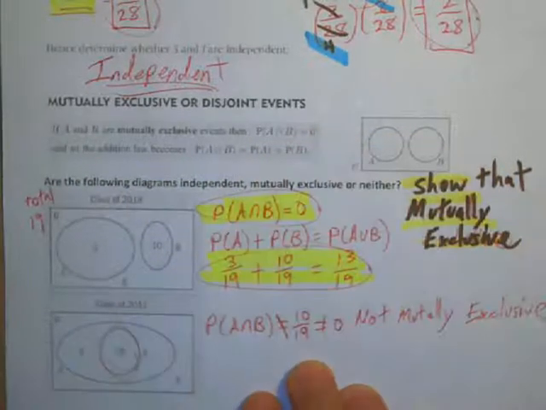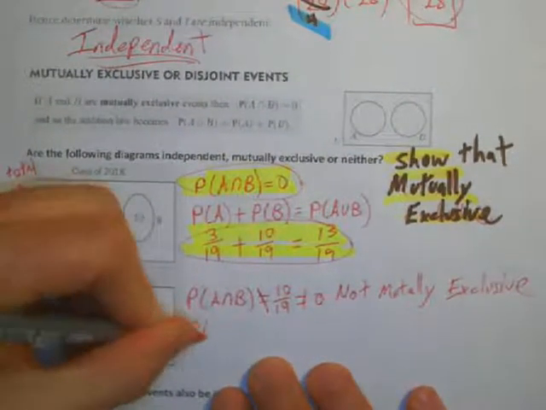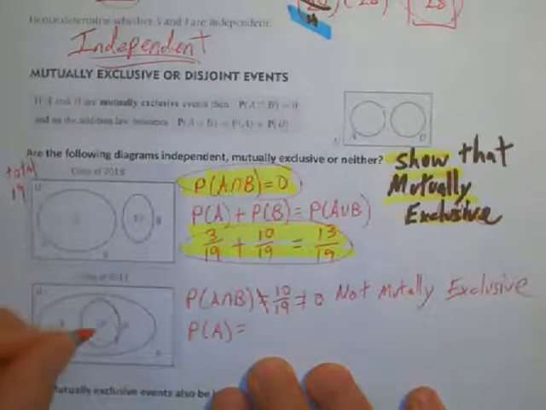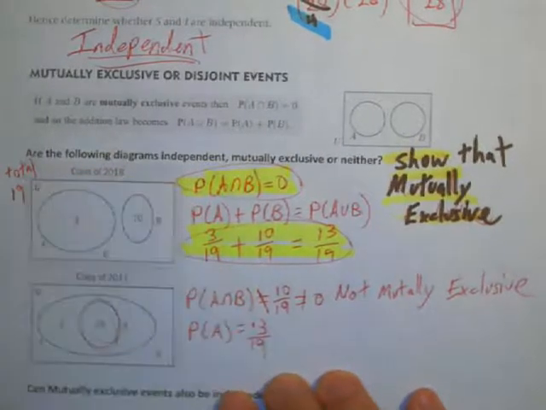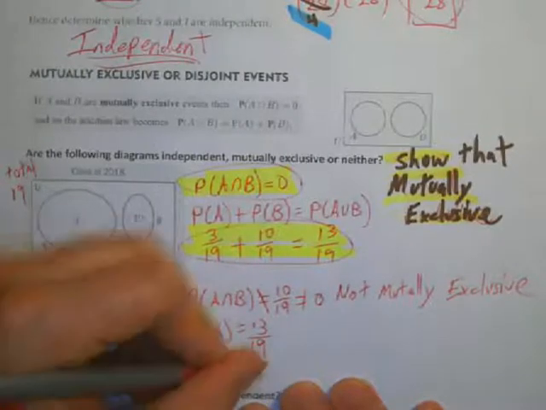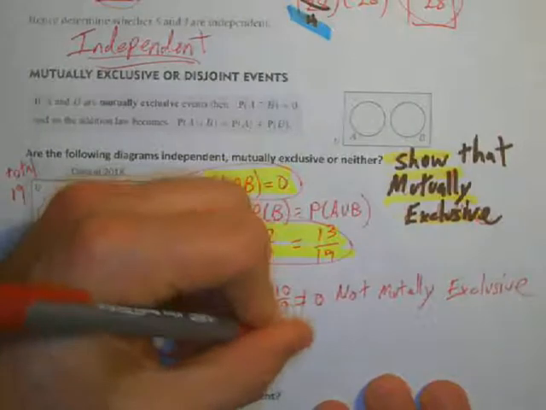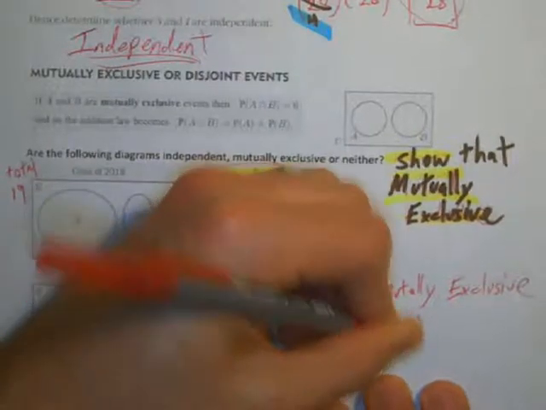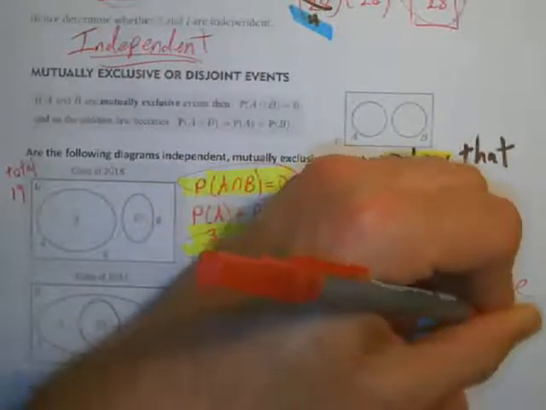All right. Now, what about the probability of A equals 3 plus 10, that's all in A, right? So 13 over 19. Probability of B equals 10 over 19. So, does the probability of A intersection B equal the probability of A times the probability of B?